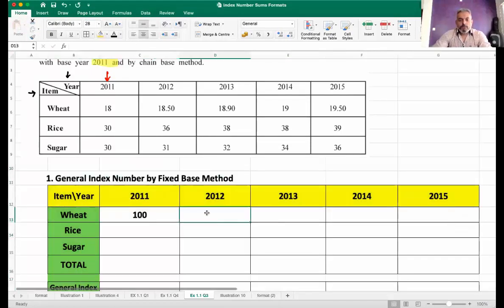Now, 2012 for wheat. So 18.5 divided by 18 into 100 is equal to 102.78.